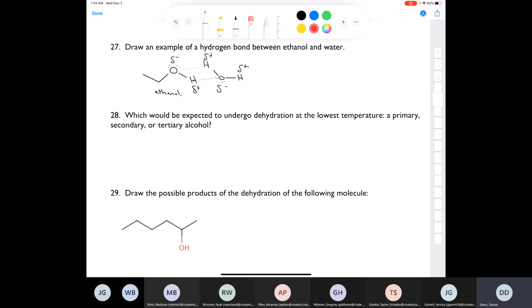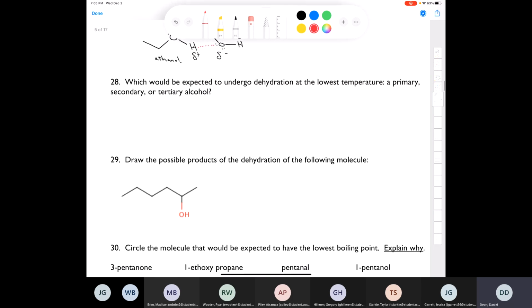I like this one. It says, which would be expected to undergo dehydration at a lower temperature, a primary, secondary, or tertiary alcohol? Not a simple question, but I want to go over the theory of it with you so that you understand, because you do have to understand Zaitsev products, okay? Let's say we had a primary alcohol like 1-propanol. So this is the primary alcohol.